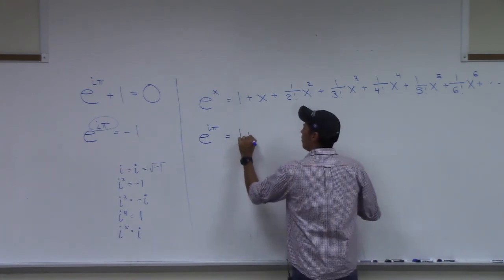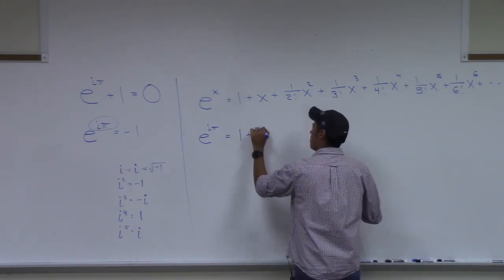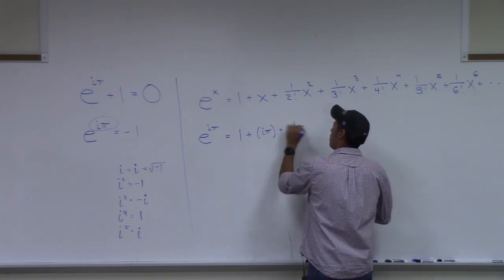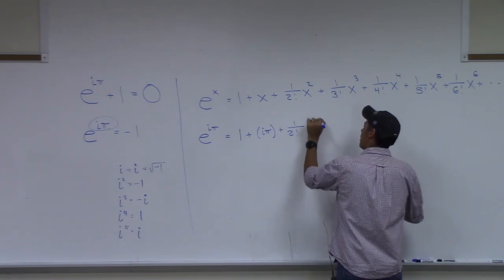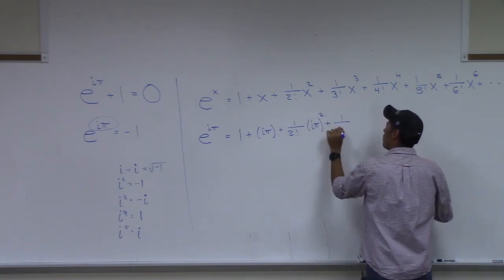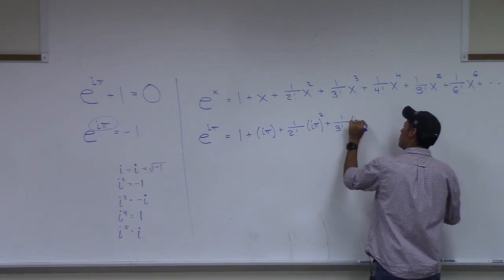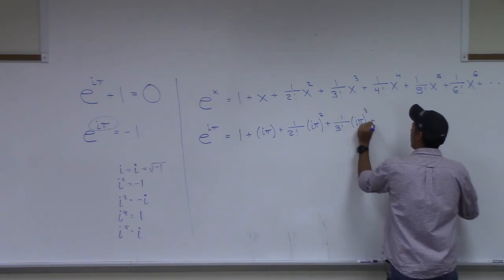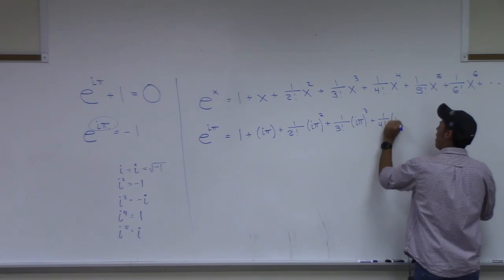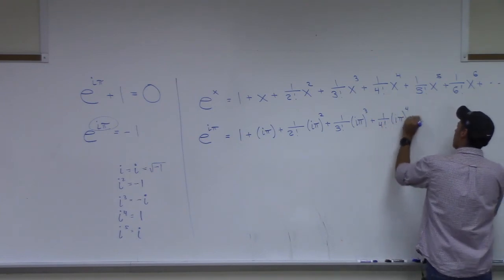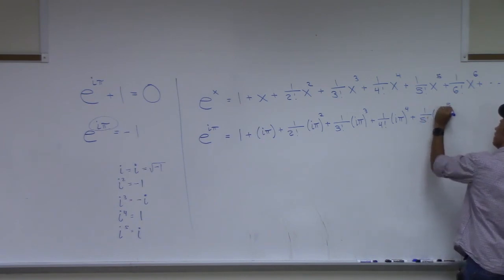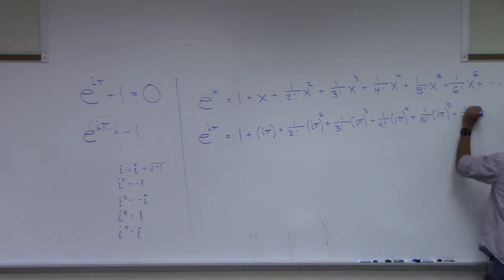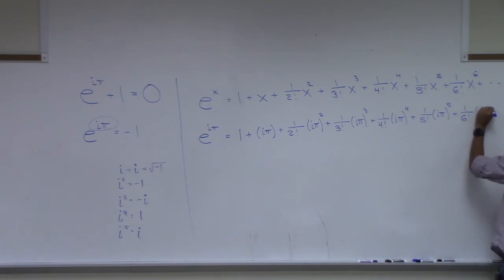So 1 plus x, which is i times pi, plus 1 over 2 factorial i pi, but then squared, plus 1 over 3 factorial i times pi cubed, plus 1 over 4 factorial i times pi to the 4th, plus 1 over 5 factorial times i pi to the 5th, plus 1 over 6 factorial i pi to the 6th, plus dot, dot, dot.